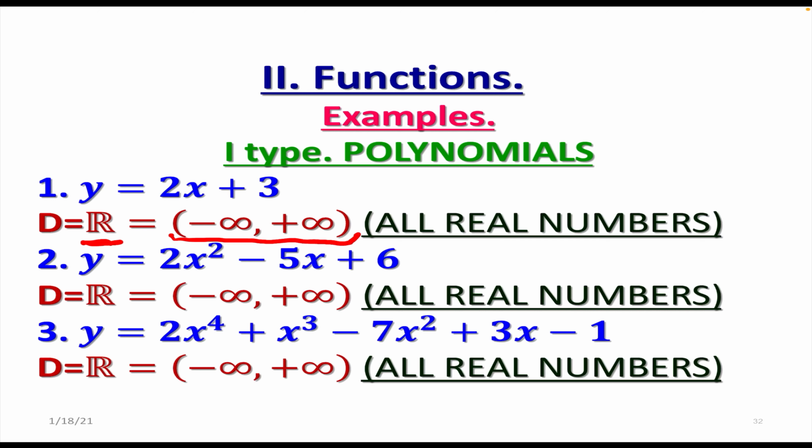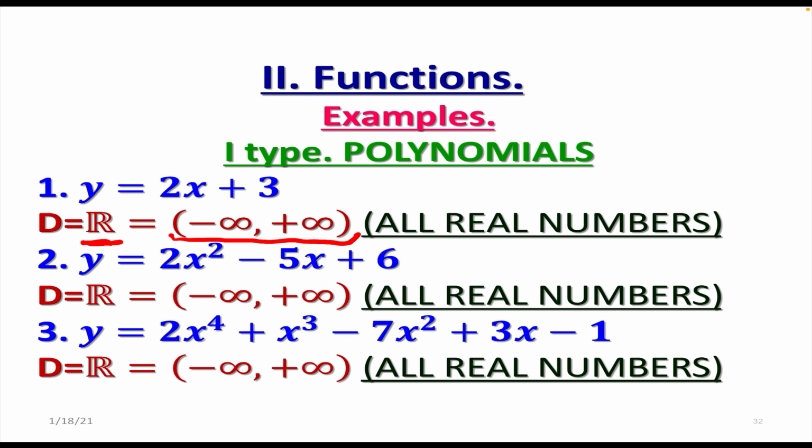Second example, we are given a quadratic function and it's a polynomial. So x could be any number. It could be a positive number, a negative number, it could be 0, any number that you could think of. So the domain would be the same. And finally, the last example, we have a polynomial with degree 4. Again, x could be any number.